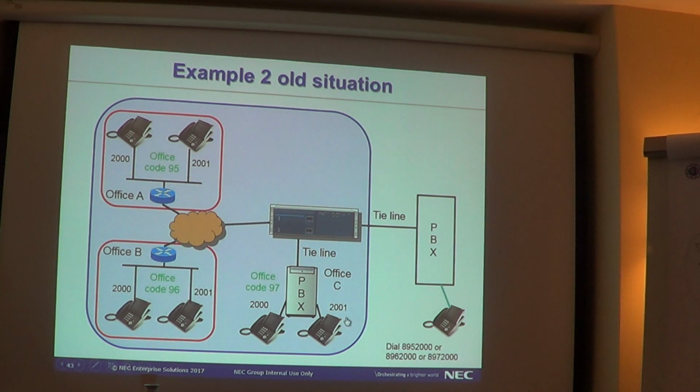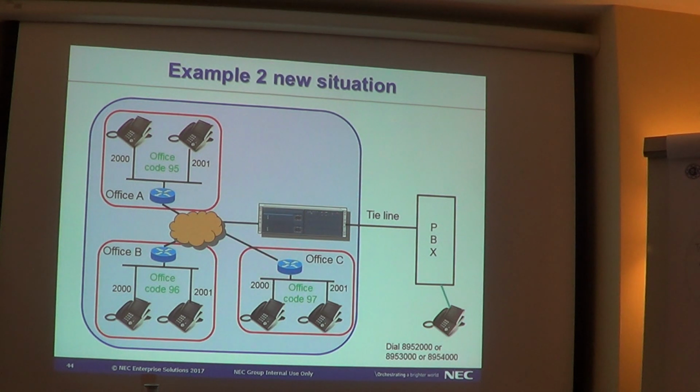And here they have 2001, 2001, 2001. Customer decided, I don't want the system anymore. And I want to have 2001 here, 2001 here, 2001 here. And at the same time, access code 97 here, access code 95 to reach here, 96 to reach here. And at the same time, I would like to call 2001 here, 97, 95, 96 outside.